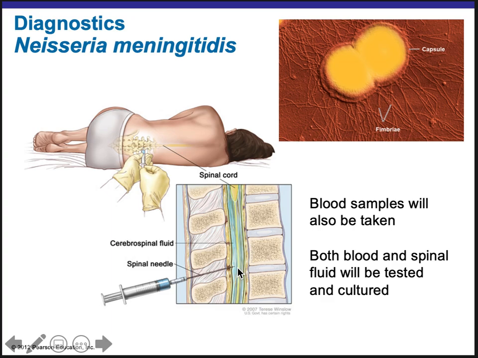And as you know, our spinal fluid should never have any microorganisms in it. We would both look at the sample under the microscope, and we would culture it as well to see if anything grows. And we would do the same for the blood sample, just to get an idea of what's going on. Okay.